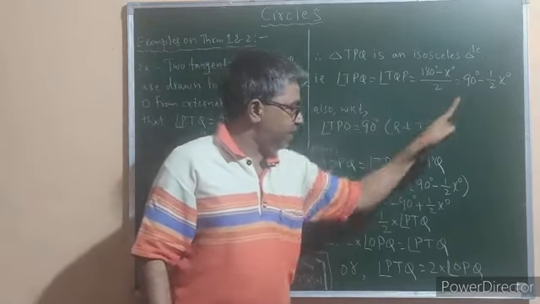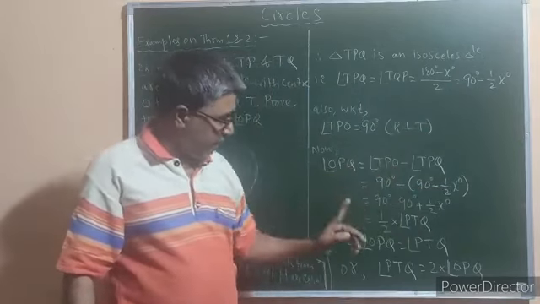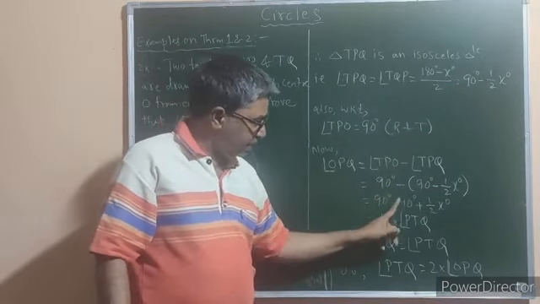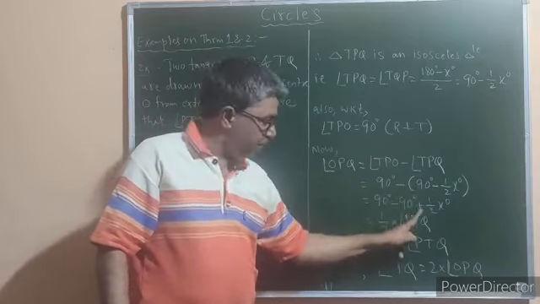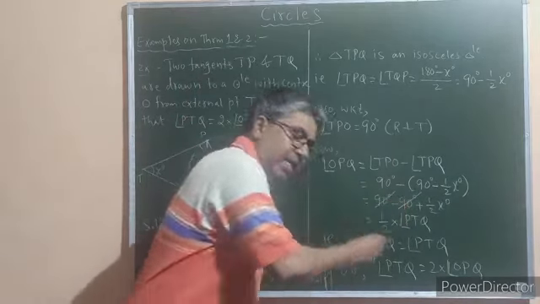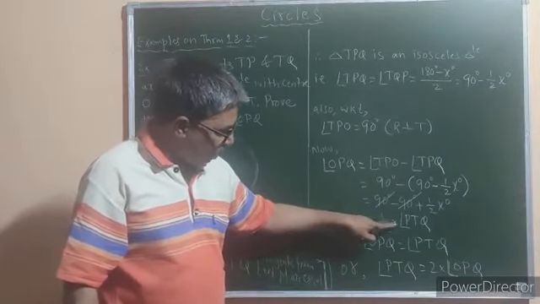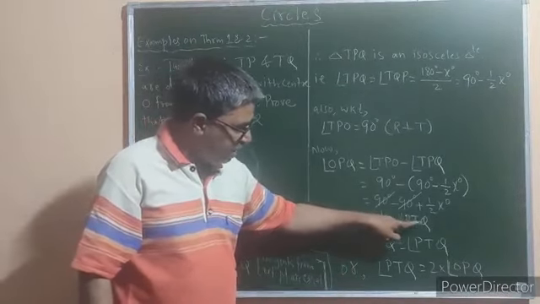90 minus half x. Keep this in brackets: 90 minus half x. Now remove the bracket: 90 minus 90, minus minus becomes plus half x degrees. Now plus 90 minus 90 will cancel, and the value remaining is half into angle PTQ.